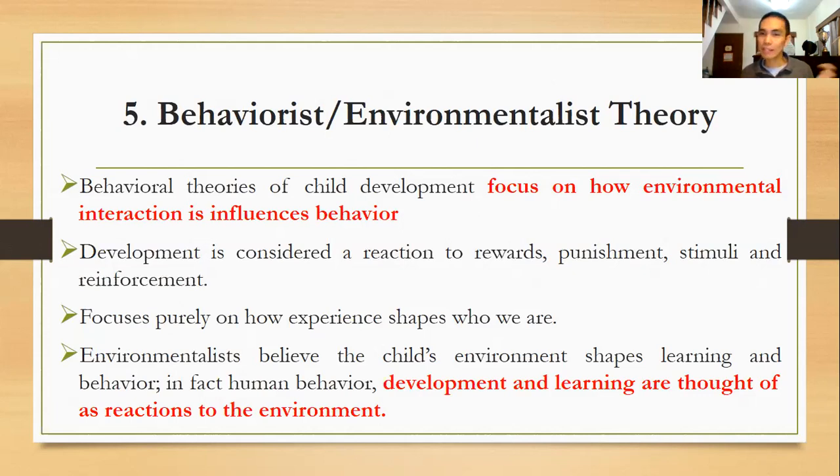Because they receive a reward. So the rewards and the punishment are the biggest factor as well in the development of the child. Okay. Environmentalists believe that a child's environment shapes learning and behavior. In fact, human behavior, development and learning are thought of as reactions to the environment. Okay.